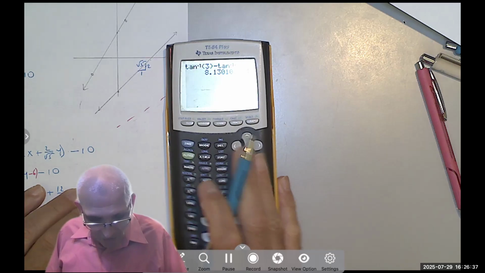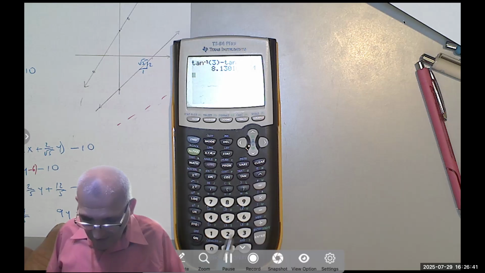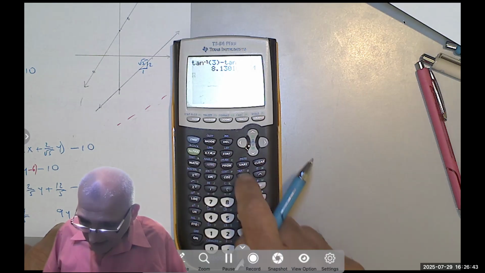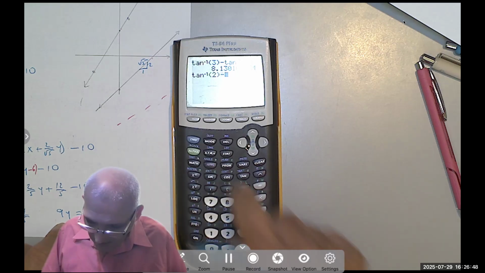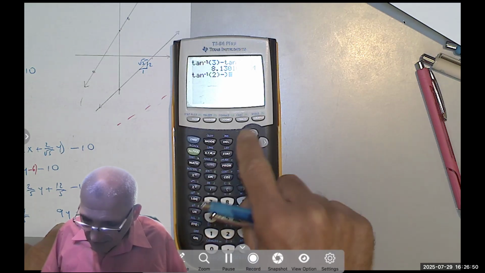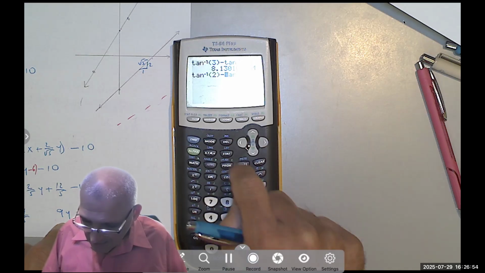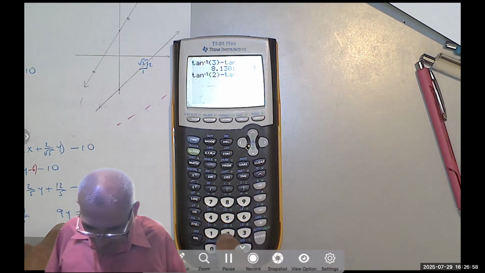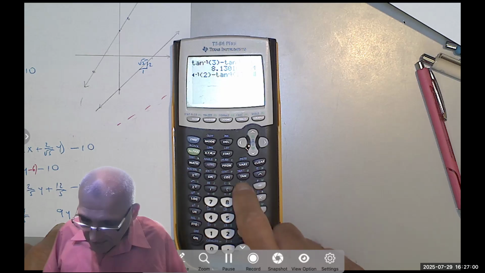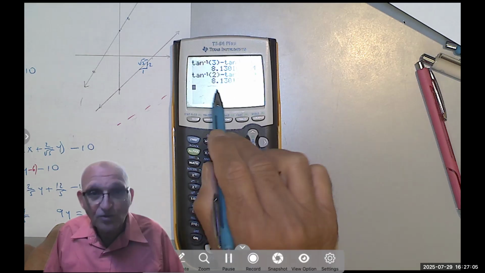Now, the slope of this is 13/9. So what is the arctan 13/9 minus arctan 2, which is this line, right? 8.13.